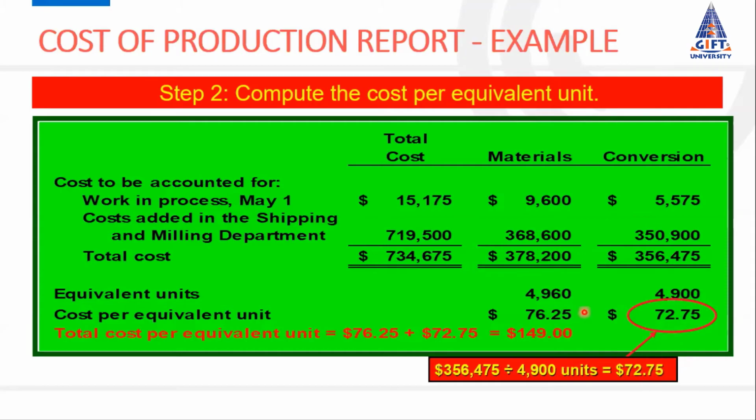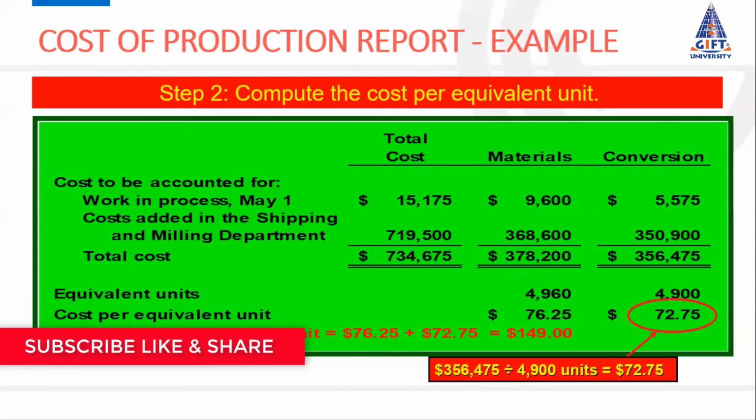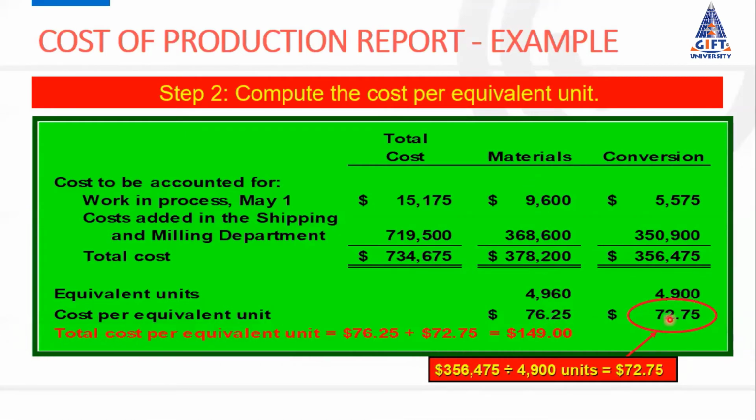When we sum up 76.25 and 72.75, the total completed unit cost is 149. It means we have a per unit cost in which 76.25 is material and 72.75 is conversion, and both together make the total cost per unit.